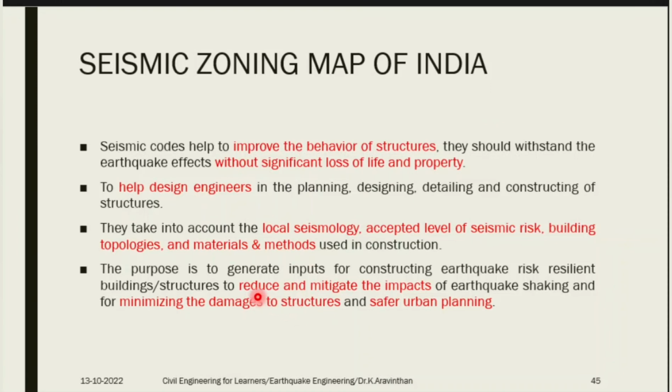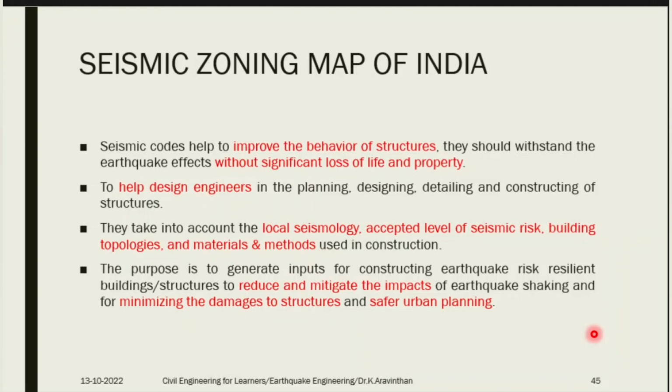And the purpose of doing that is you can reduce mitigation and impact. If you follow this map and design or plan, definitely your building will perform far better than buildings which are constructed without abiding by it, minimizing the damage to the structure, and safe urban planning. If you are planning any layout, in Bangalore you can see a number of layouts, and all the layouts will be planned, and the town planning in-charge will be there, and they will be planning according to the seismic zone map also.